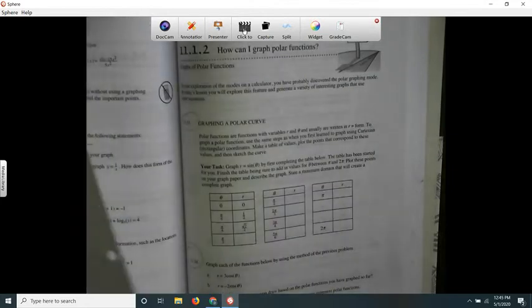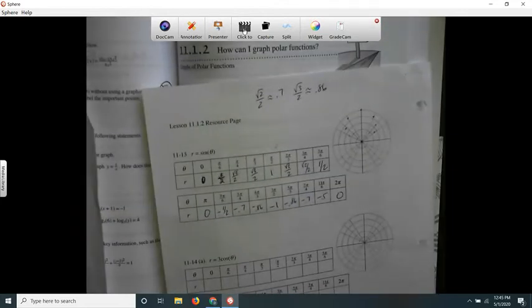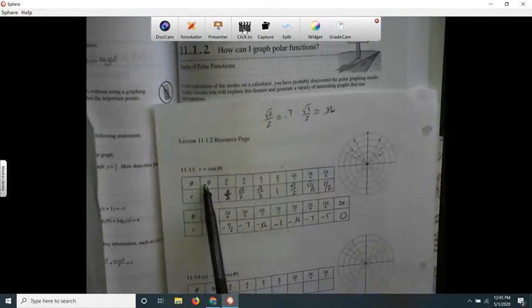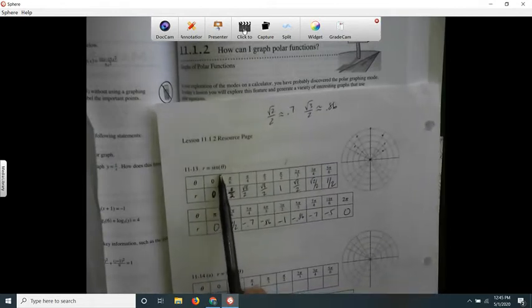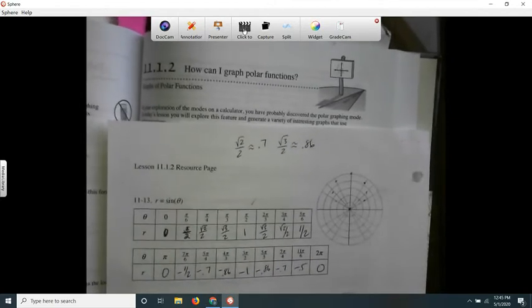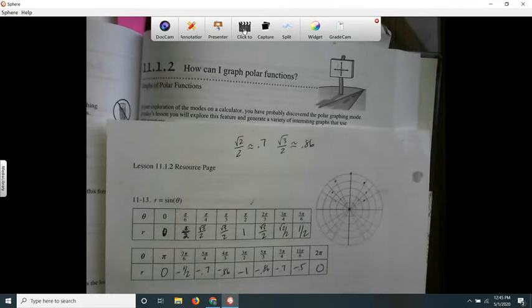So I went ahead and filled out this graph. This is the same thing as we have here. Okay, so when I plug in 0, the sine of 0 is 0. The sine of pi over 6 is a half. The sine of pi over 4 is root 2 over 2.